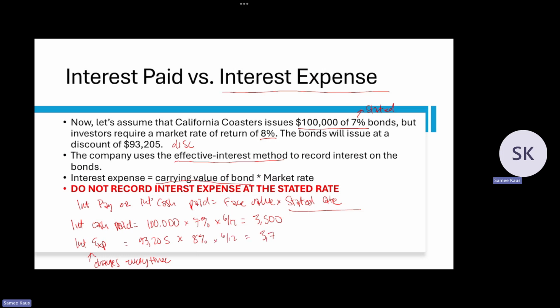So all of a sudden, I have interest expense running through my income statement of 3,728. This is important because my cash interest paid does not equal the interest expense that shows up on my income statement, because I have additional interest because of this discount that I need to get through there.